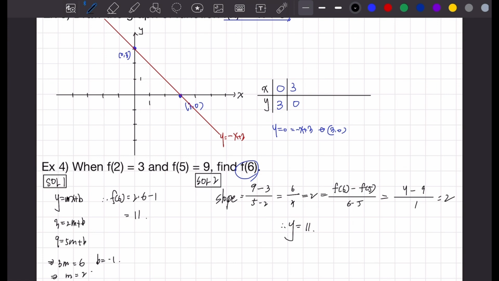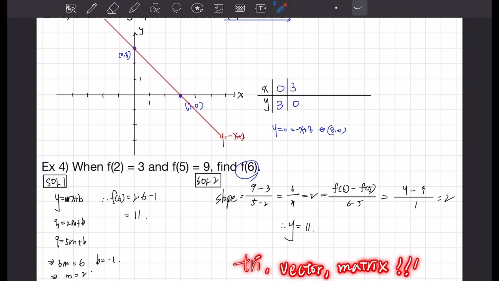Okay, it's easy, right? Actually, the linear function is one of the easiest functions in polynomial functions, but it's also one of the hardest, because when you learn further chapters like trigonometry, vectors and matrices, we can learn another way to operate this function.